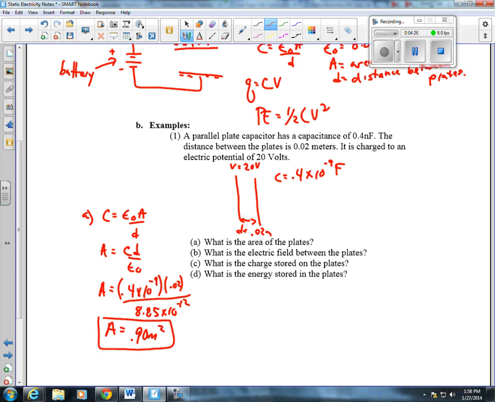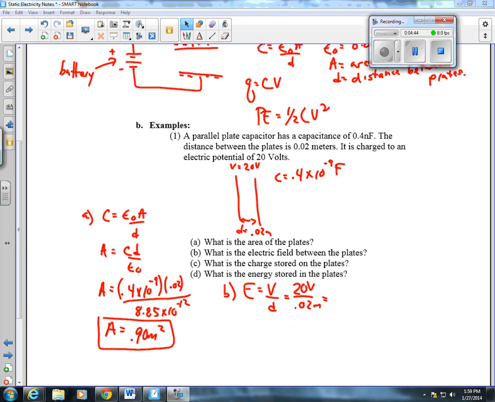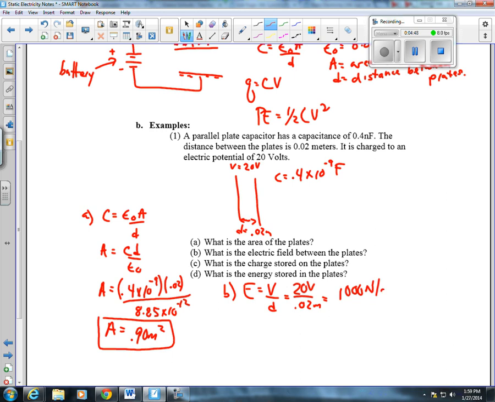Part B, what is the electric field between the plates? We have to go to this equation, which we used before. The voltage was 20 volts and the distance 0.02 meters, and that's going to give me 1,000 newtons per coulomb for the electric field.